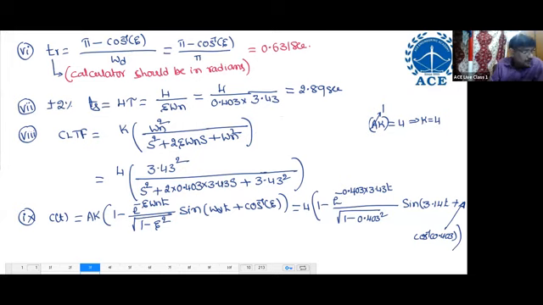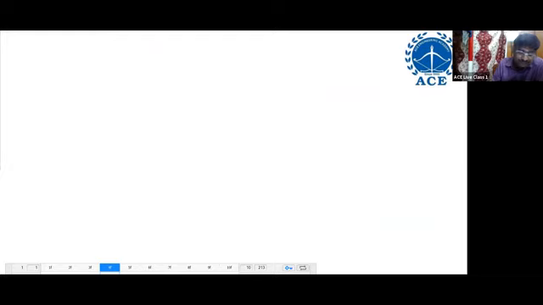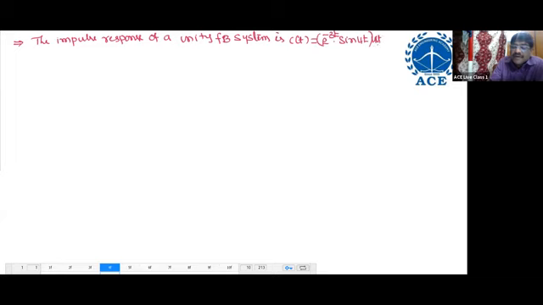Next problem. The impulse response of a unity feedback system is C of t equal to e power minus 3t sine of 4t, u of t, for t greater than 0.